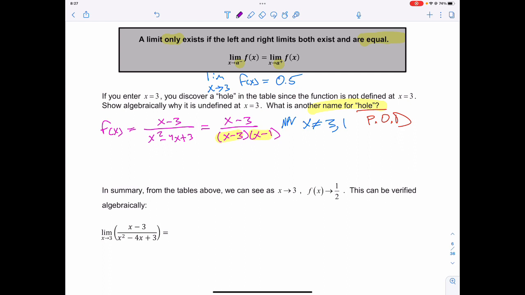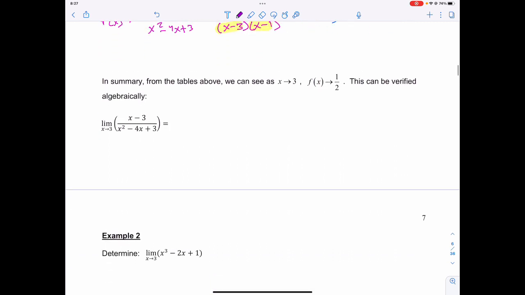In summary, from the tables above, we can see as x approaches 3, f of x approaches 1/2. This can be verified algebraically. If we take the limit as x approaches 3 of the function x minus 3 over x squared minus 4x plus 3, we're going to factor it like we did above.